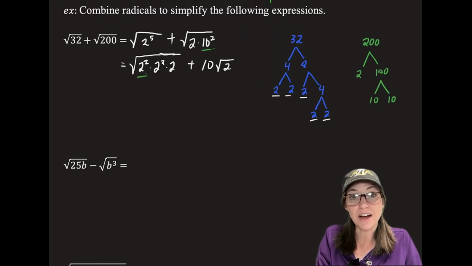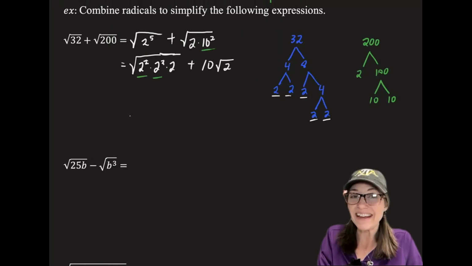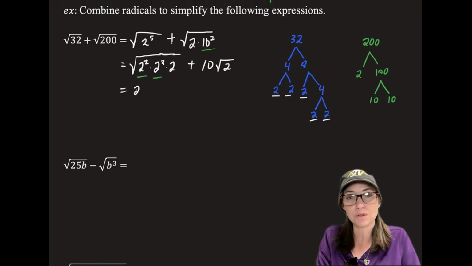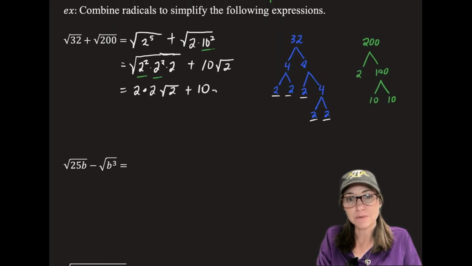Now each of these, now I've got square root of 2 squared, square root of 2 squared. Each of those turns into 2. Square root of 2 squared equals 2. So there's a 2 times another 2 times the square root of 2 plus 10 times the square root of 2. We can multiply those two 2's together to get 4 root 2 plus 10 root 2.